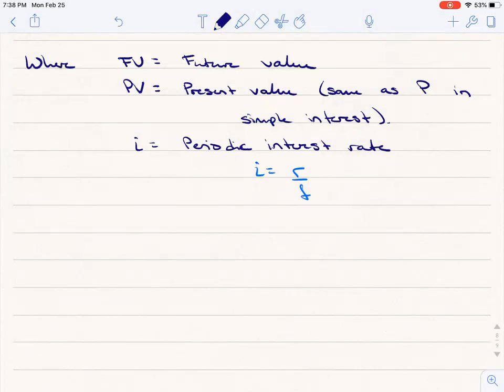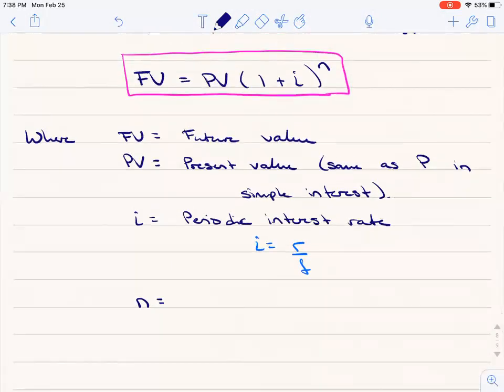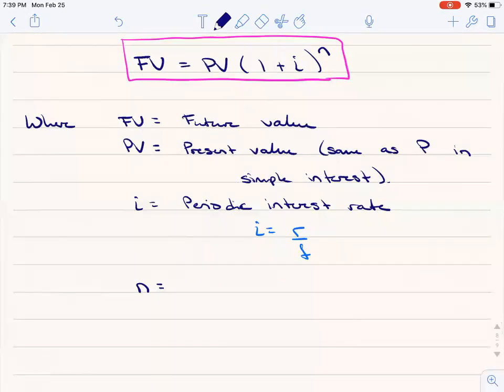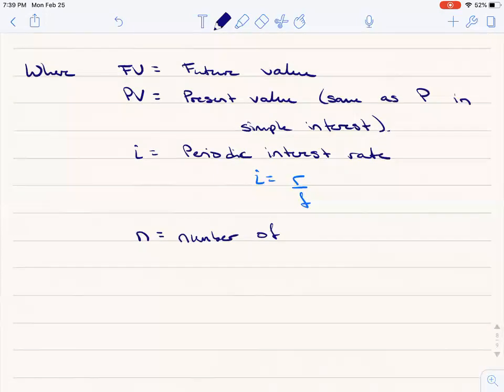And then finally, N is the number of compoundings. It's going to take the place of time. So instead of time in years, now we talk in terms of how many compoundings we have to go through to get to this future value. So N is the number of compoundings.